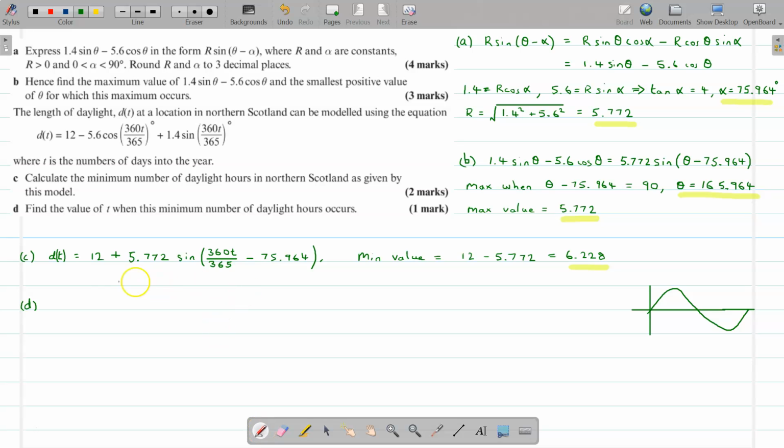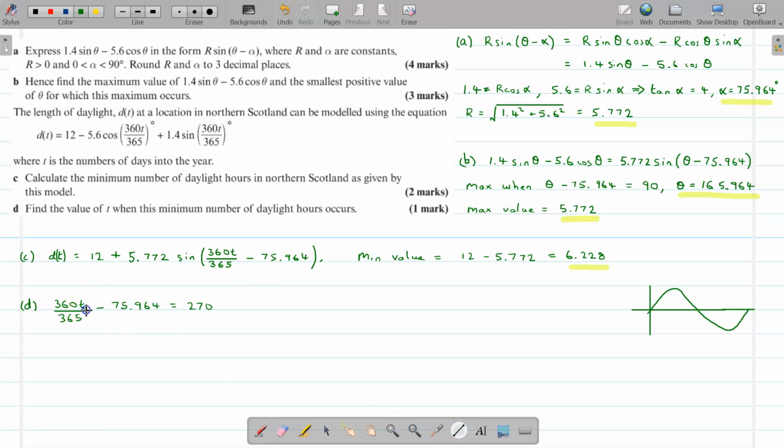So I just need to say that 360t over 365 minus 75.964 has to equal 270.